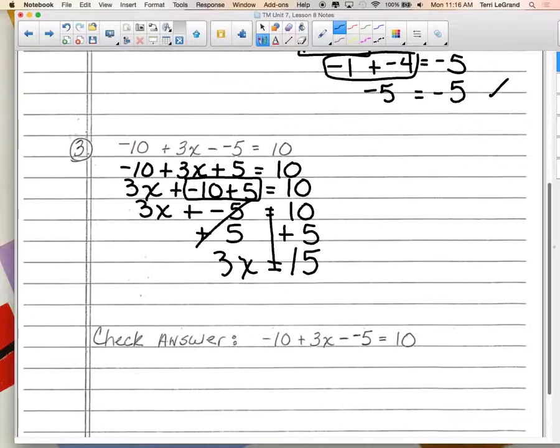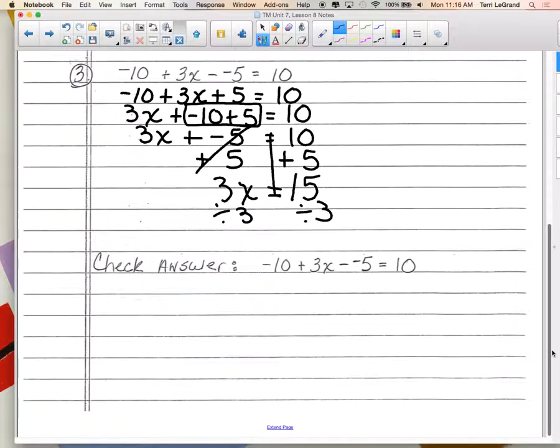Divide by 3. There's 3 x tiles. We need to divide them into 3 equal groups. So if we divide one side by 3, we've got to divide the other side by 3. So how much would be in each equal group? 5. So x equals 5.